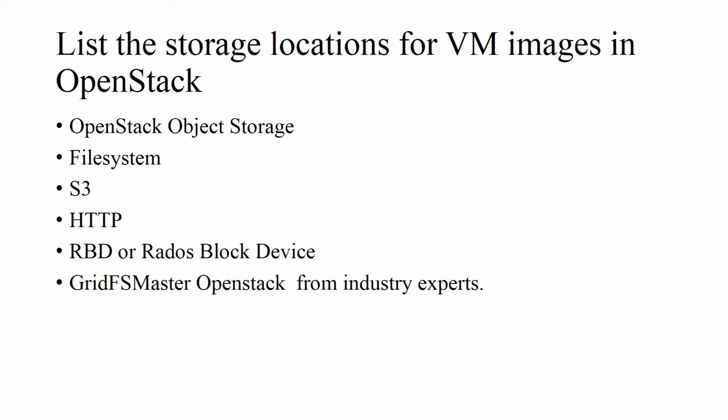The list of storage locations for virtual machine images in OpenStack. It's OpenStack Object Storage, File System, S3, HTTP, RBD, which is also called Rados Block Device, GridFS.